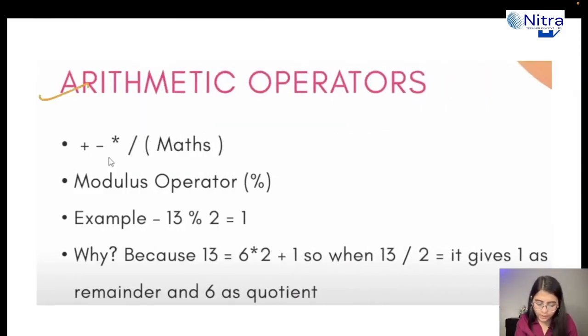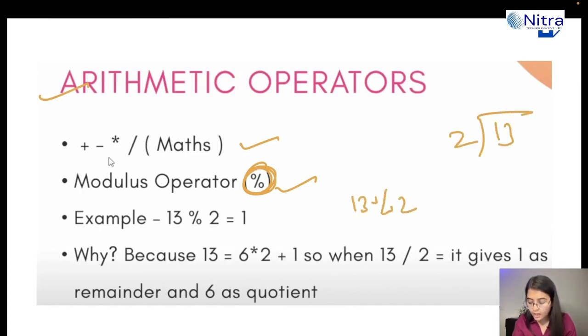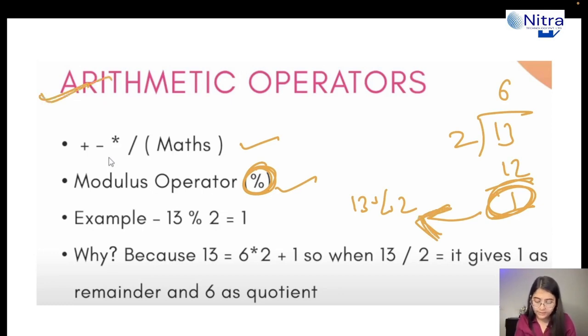Talking about arithmetic, you have mathematical modulus, like modulus is for remainder. Let's say if we are doing 13 modulus 2, 13 divided by 2 is 6, 12, remainder 1. So 1 is the modulus here, the remainder.